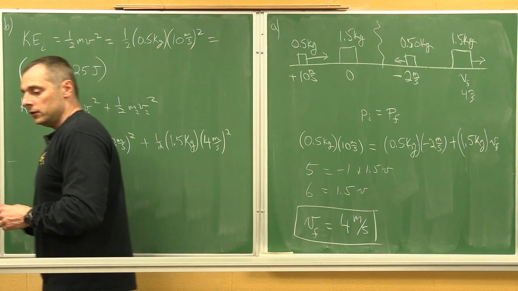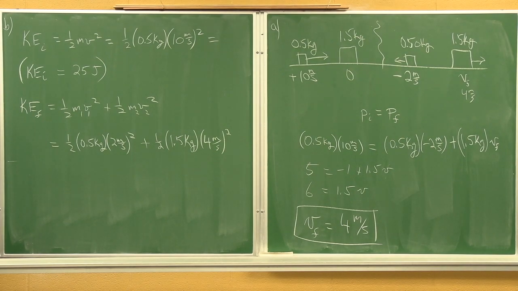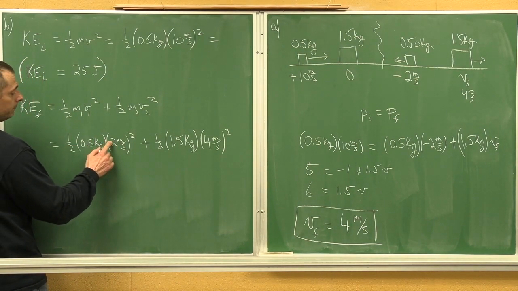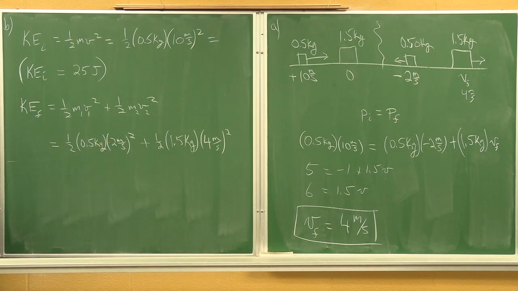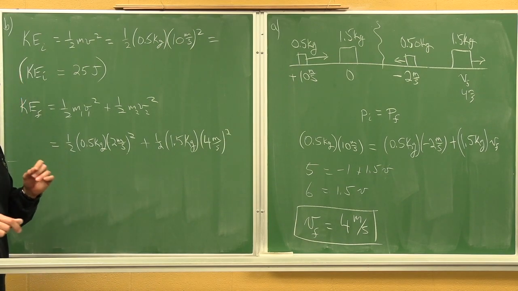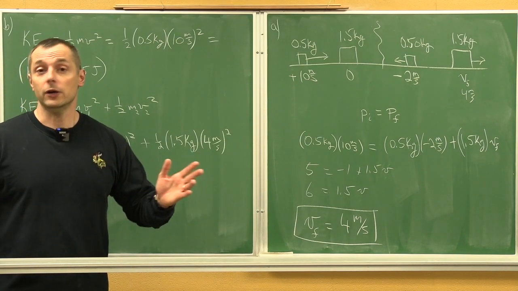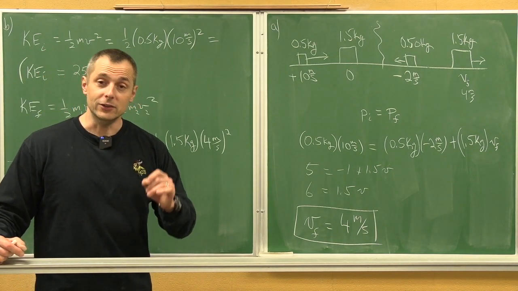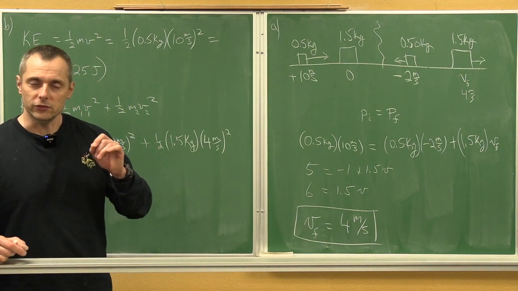Now, some of you might be saying, if you're keeping up with the writing, wait a minute, I thought you need a minus sign here. You know what, you could put that in. But again, it doesn't matter because you're squaring it anyway. 2 squared is 4, negative 2 squared is also 4. Remember, kinetic energy is never negative, it's always positive, it's a scalar.